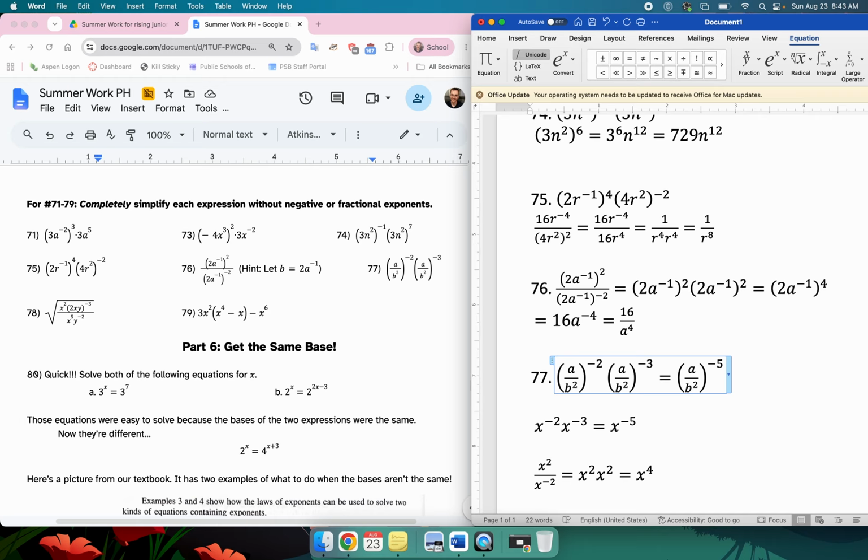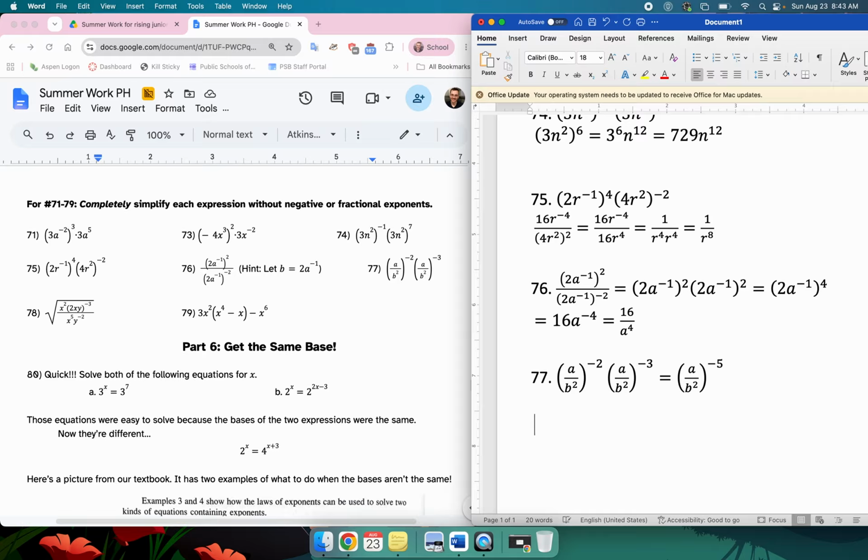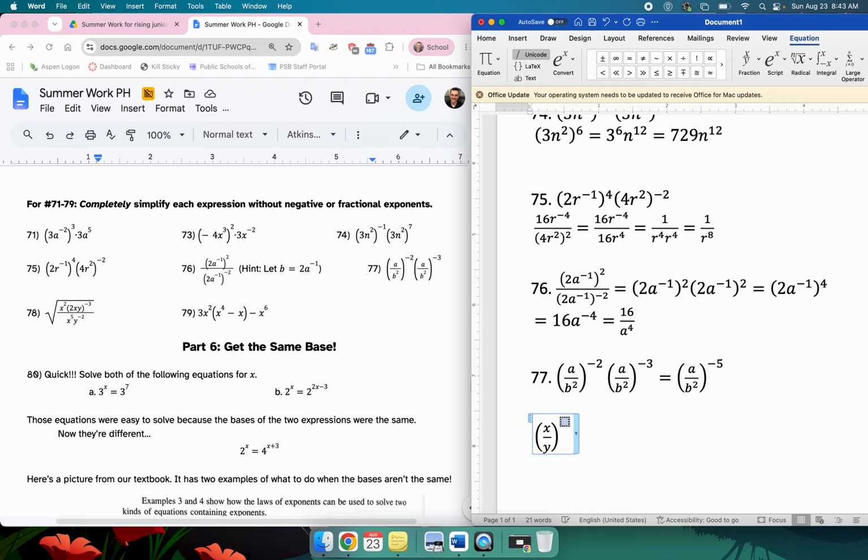Then there's a couple ways of doing this. You can distribute the negative 5 and then move stuff around in the fraction. I actually think it's worth knowing that in general, if you have a fraction, say x over y raised to a negative power, that's actually the same thing as just flipping the fraction upside down and making the exponent positive.